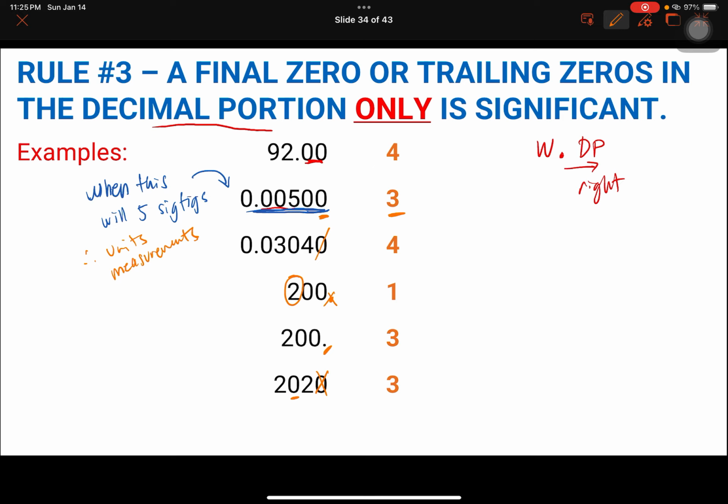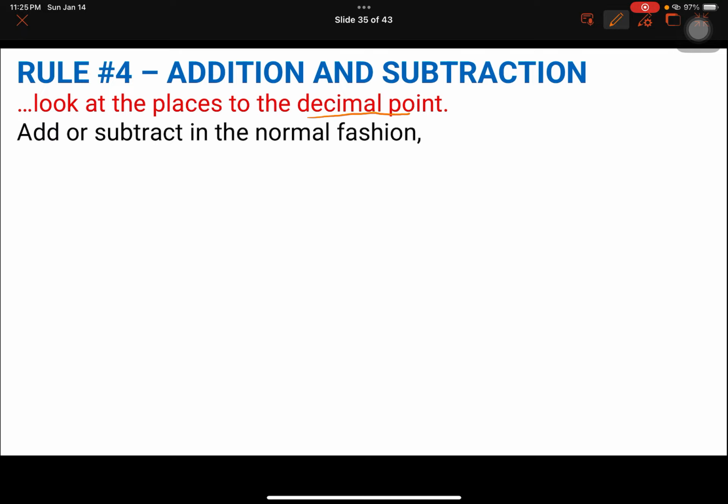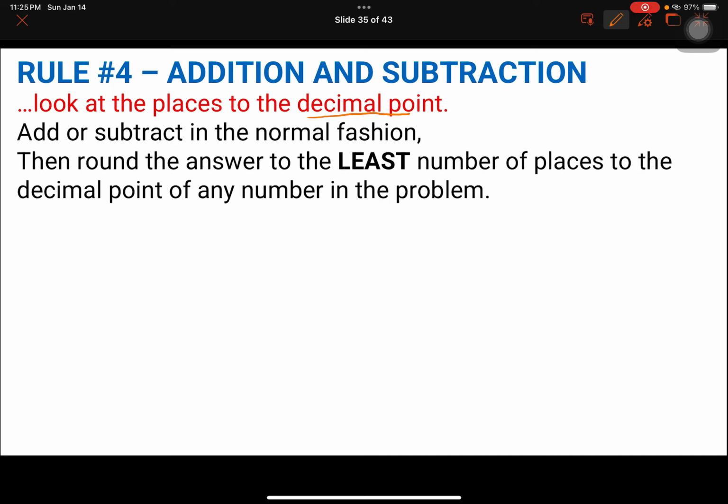Now, let's continue our discussion for having the rule number 4 for addition and subtraction. When we have an addition and subtraction operation, we will look only at the decimal point. And based on this rule, you will just first add and subtract in the normal fashion, then round the answer to the least number of places to the decimal point of any number in the problem.